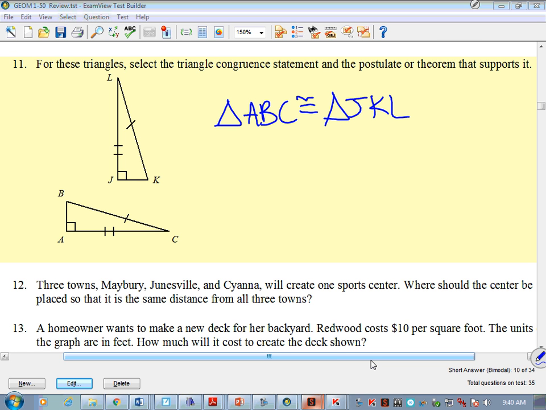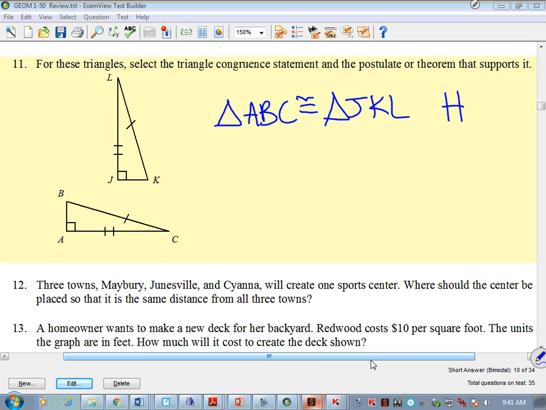What is BC? It's a hypotenuse. And LK is also a hypotenuse. Do the two hypotenuses equal each other? So hypotenuse. And AC and JL are considered what in a right triangle? Are they angles? Are they hypotenuses? Or are they legs?